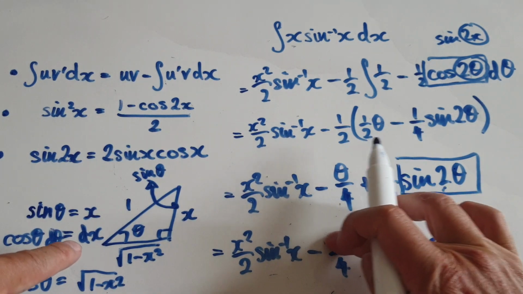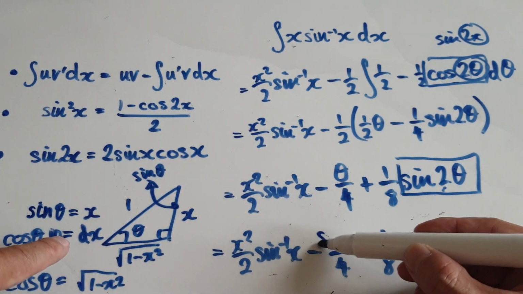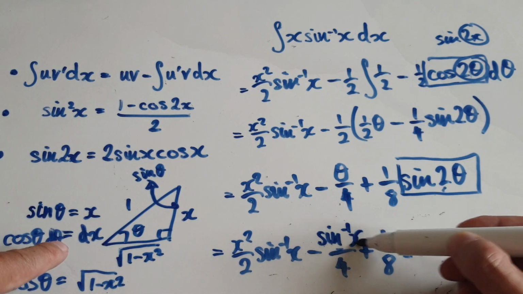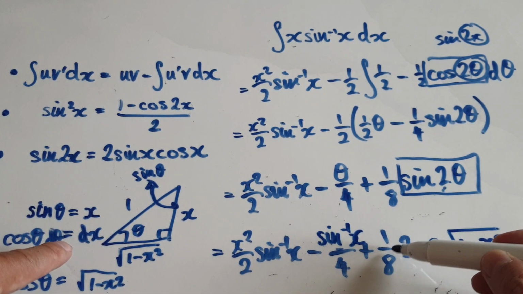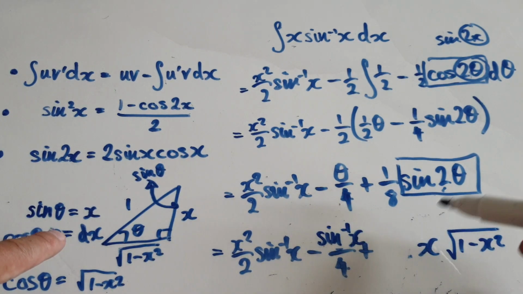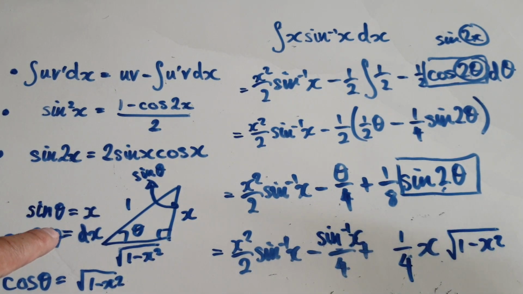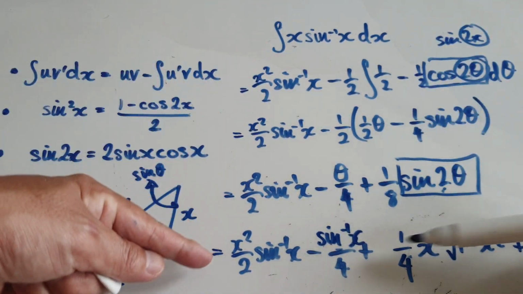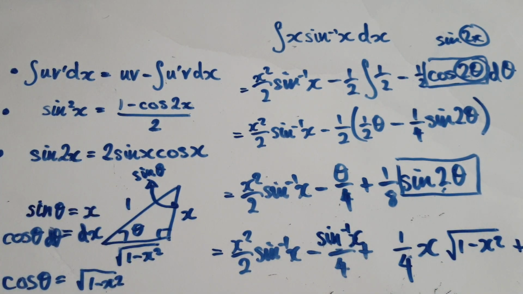Then 2 over 8 is 1 over 4. So this is your final answer, plus c, the constant. When you integrate this, it becomes this complicated thing, and everything is in terms of x, not theta.